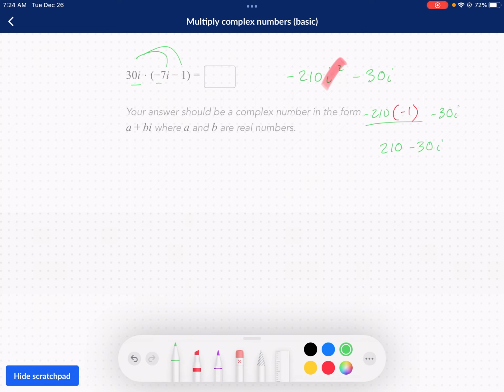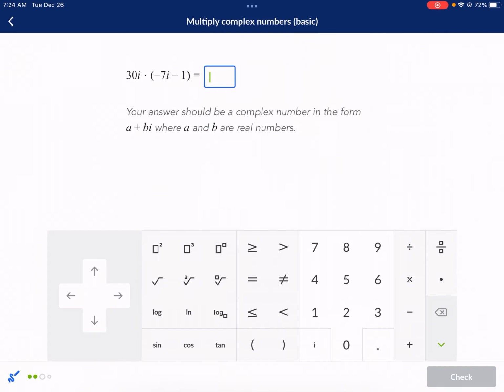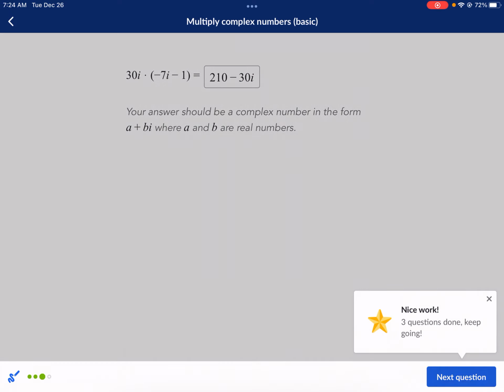That's all there is to it. That's all we can do. It's kind of like a tag. When it's just an i by itself, you can't expand it or factor it any further, so it's just going to be 210 minus 30i. Let's type that in. 210 minus 30i. Check it. Moving on to the next question.